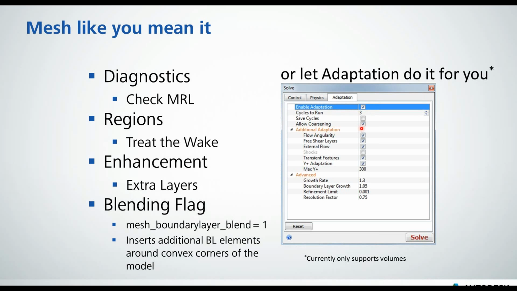I recommend, at least for external flow, to allow coarsening. By allowing coarsening, it's keeping you computationally efficient. You're not going to put an awful lot of mesh in areas where there's nothing interesting going on with the flow. Flow angularity is on by default, but I recommend free shear layers and also turning on external flow.